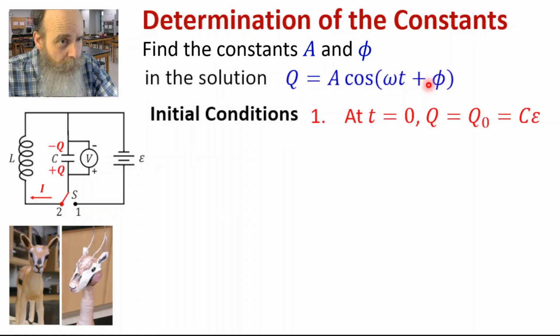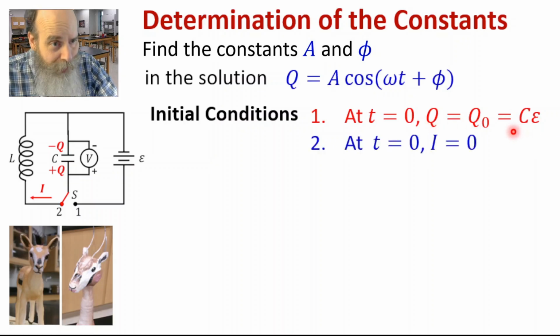First initial condition: when t equals 0, Q is the initial charge on the capacitor plates, which is given by C times the initial voltage across the capacitor, which was the EMF of the battery. So at t equals 0, Q equals C times EMF. That's one condition. Second condition: when t equals 0, I equals 0.